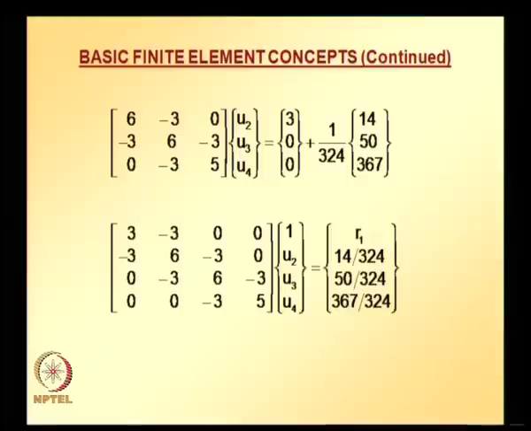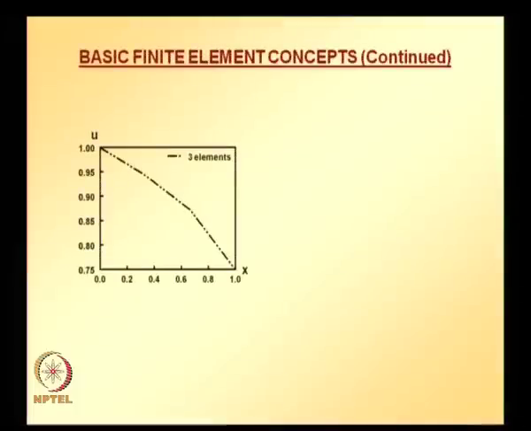So, you can use either of these techniques to solve for u2, u3, u4, and if you solve either way you get these values. And then, once you get the nodal values, you go to each element and do post processing: find the approximate solution and the derivative of the approximate solution.